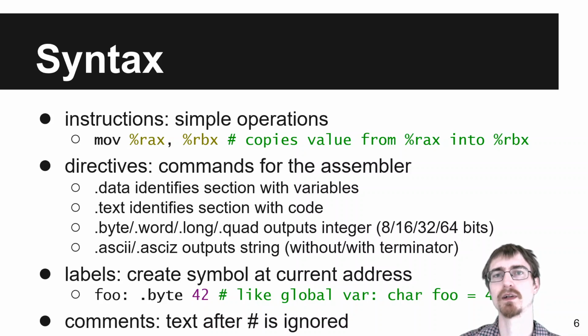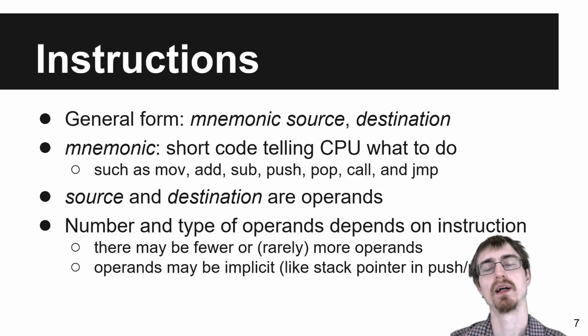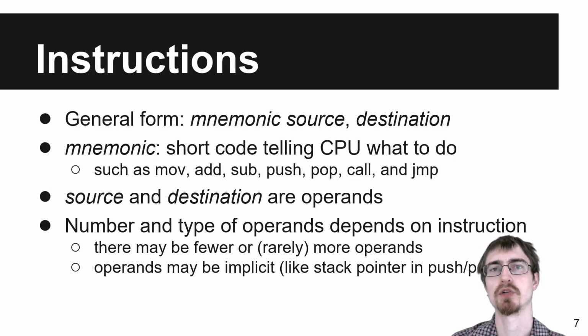Finally, as you may have already seen, there are also comments, namely the text after the hash is ignored. So we can use this to simply put comments for ourselves that the assembler and the CPU will completely ignore.